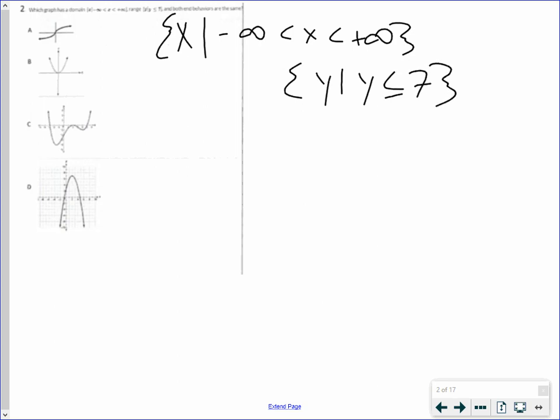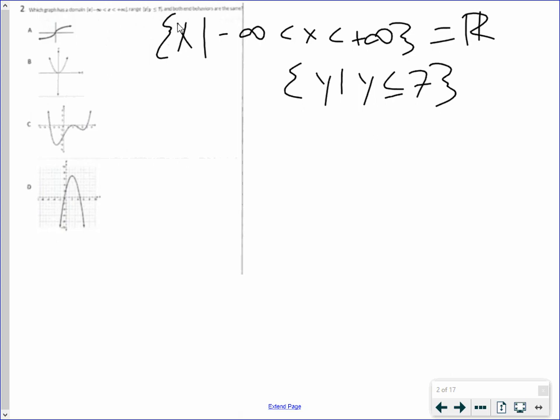So that's what it's asking for. Which one of these graphs has a domain of x that's greater than negative infinity and less than positive infinity? Or in other words, we want our domain to be all real numbers, and we want our range to be every y value less than or equal to 7. So let's go ahead and look at our answer choices and see what we get.